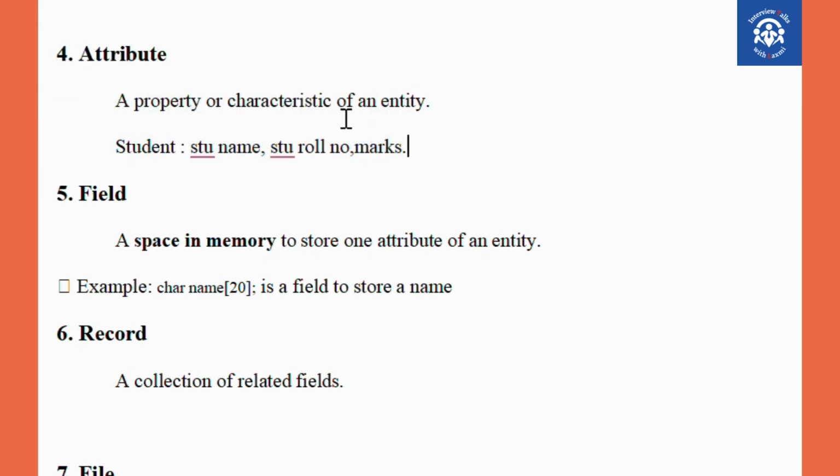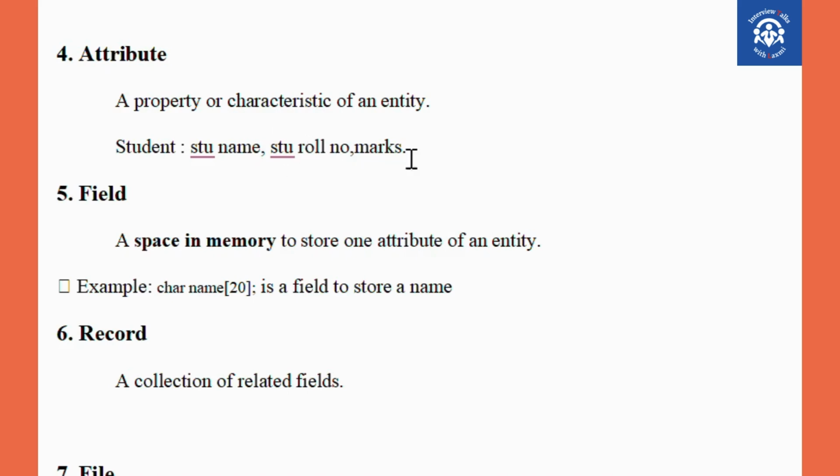Now entering into the next one, that is the field. What is that? A field is a space in memory to store one attribute of an entity. Suppose here I took the attribute student roll number.